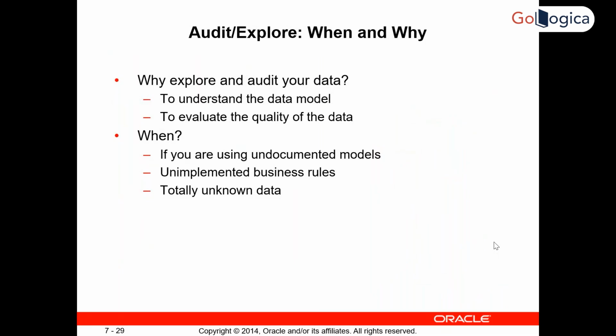Yeah, that's right. For that, auditing has to be done with the data. We need to understand your data model and see the quality of the data. If you have any documentation for the model, that means the database schema and the tables, we can use it. But if business rules are not implemented, or we don't know what types of validations are there, we need to find out and define those validations.